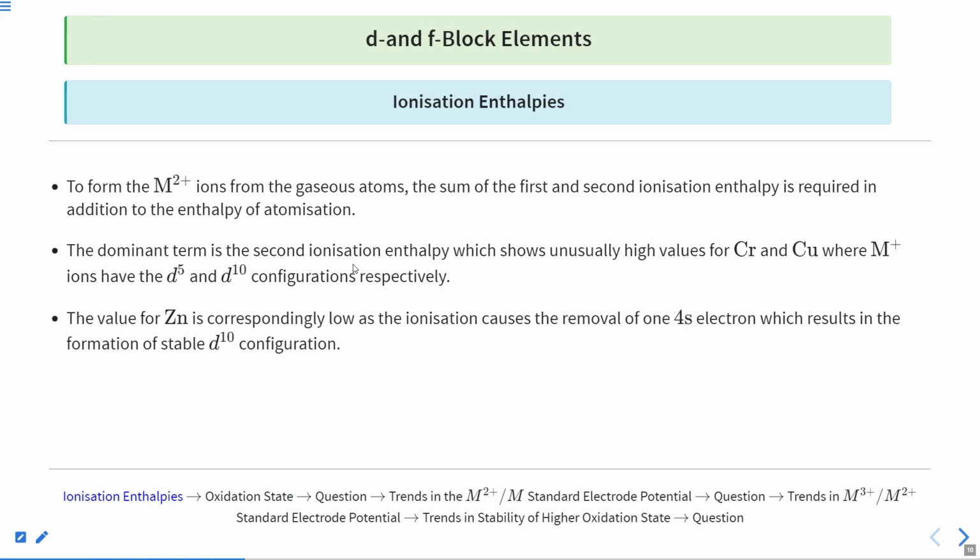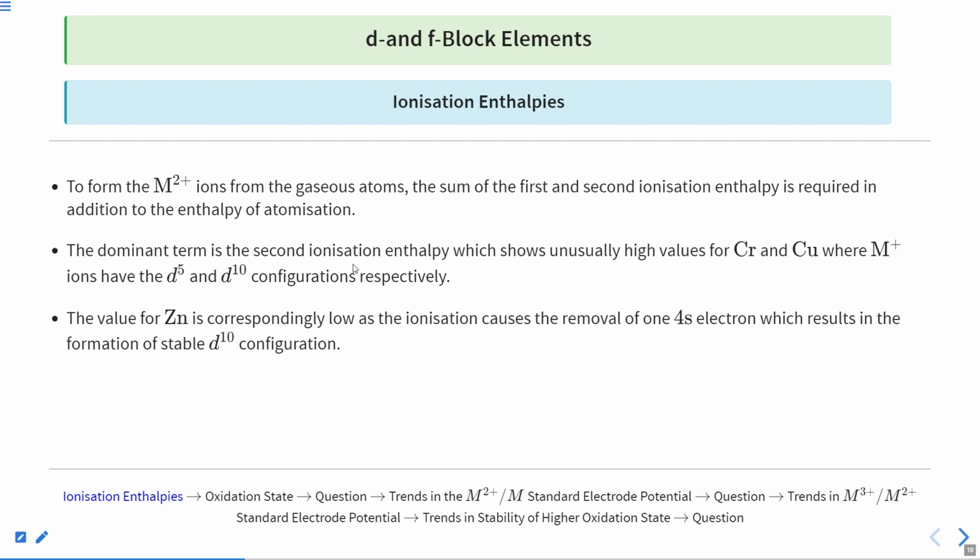Now, to form the M2+ ion from the gaseous atom, the sum of the first and second ionization enthalpy is required. So this is obvious. What is the meaning of second ionization enthalpy? It is the total energy required for moving from an isolated gaseous atom, M, to M2+. It is not the energy required for moving from M+ to M2+.